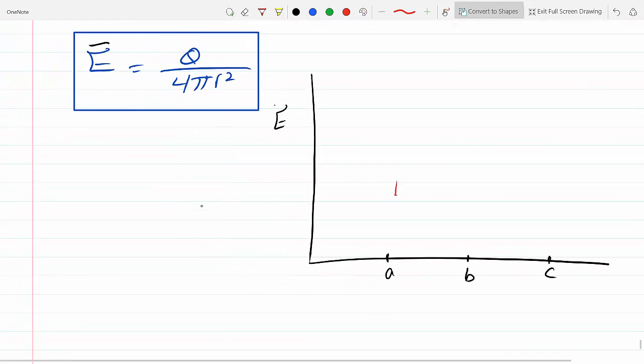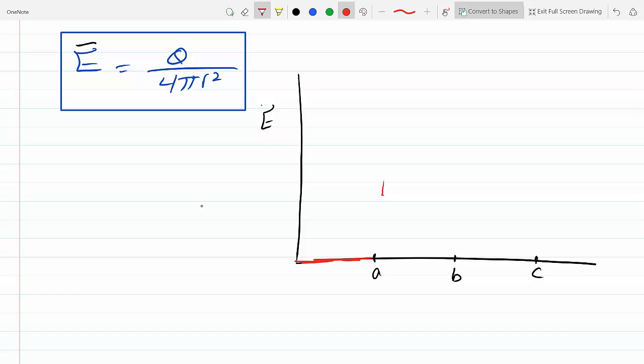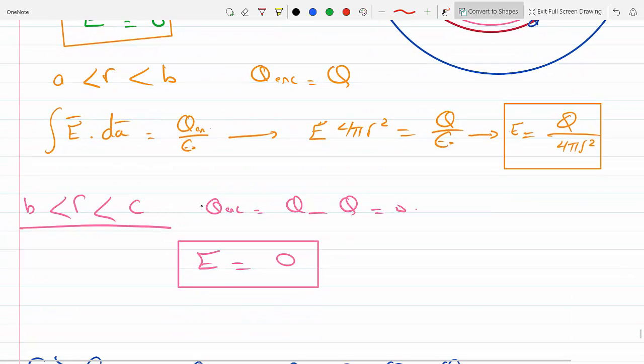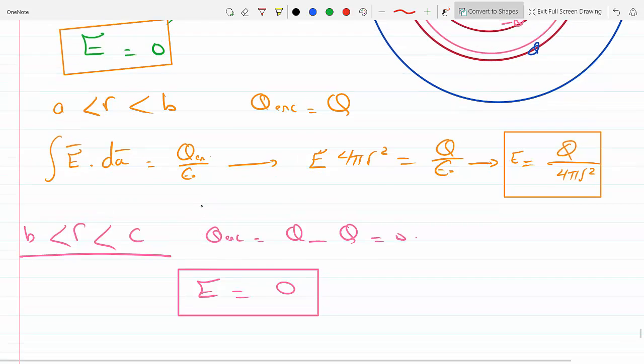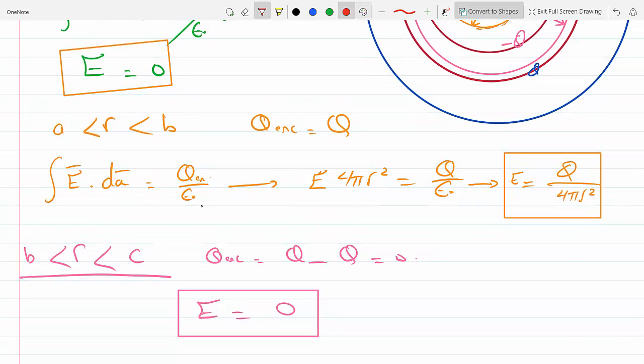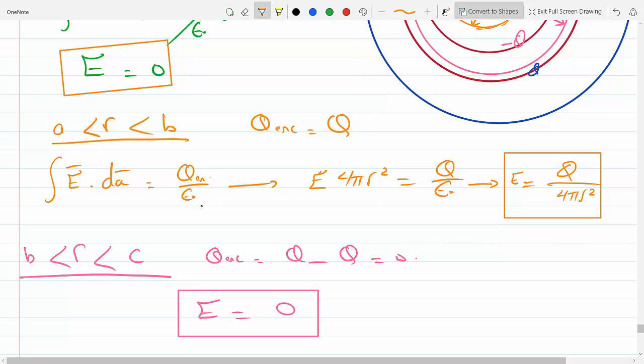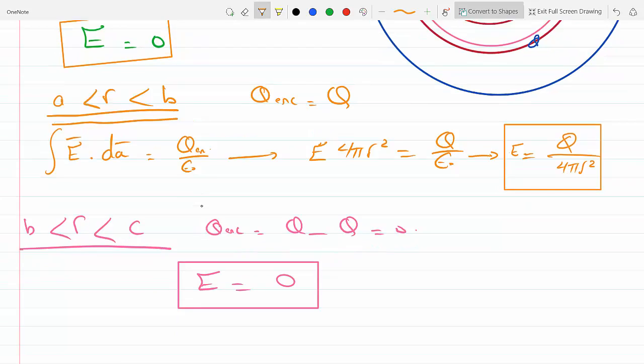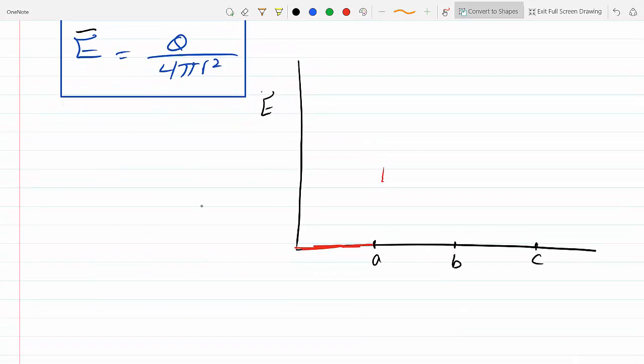So E is 0 going here. Between A and B, it drops down as an R squared, so it's like this.